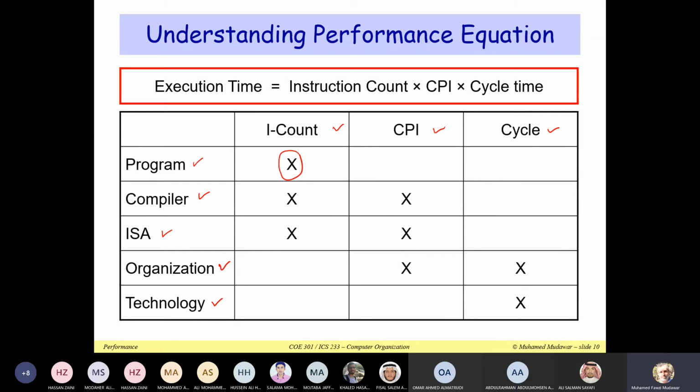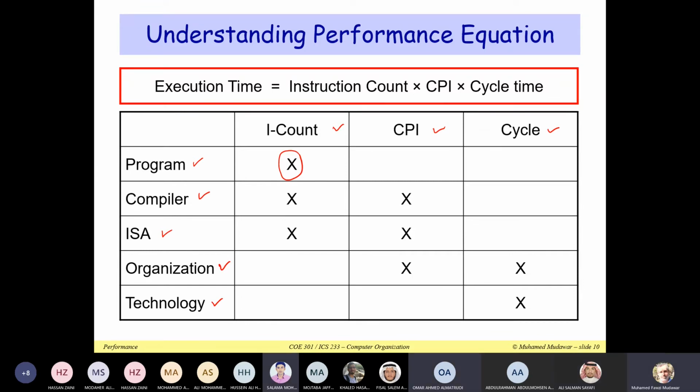So basically, when you write an efficient algorithm, you can reduce the instruction count, because the program is written in high level and the compiler is going to translate it to low level. This is pure software. It has nothing to do with the hardware. If you write a better program and use better algorithms, you can reduce the instruction count. Remember, for example, bubble sort and quick sort. We know that quick sort is faster than bubble sort or insertion sort. Have you studied these? Yes.